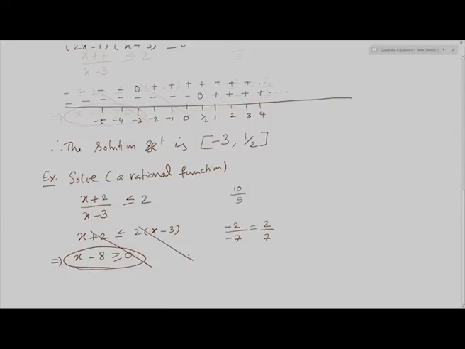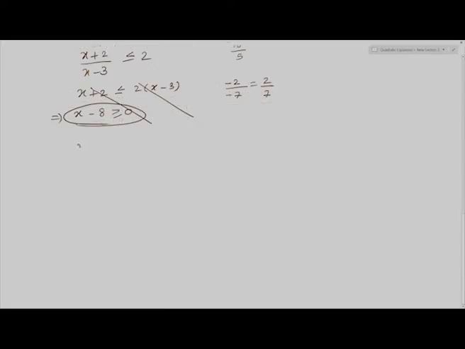So, what we have to do is, instead I consider this given inequality (x + 2)/(x - 3) ≤ 2. You take it to the left hand side: (x + 2)/(x - 3) - 2 ≤ 0. Then you take the LCM: [(x + 2) - 2(x - 3)]/(x - 3) ≤ 0.